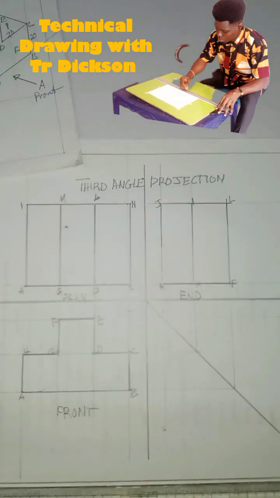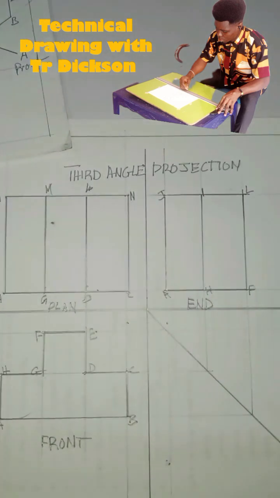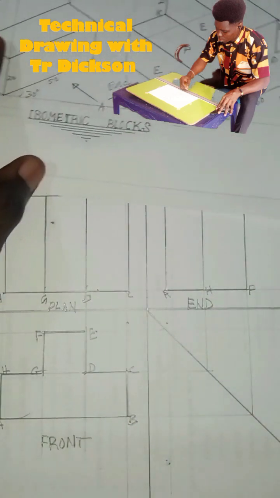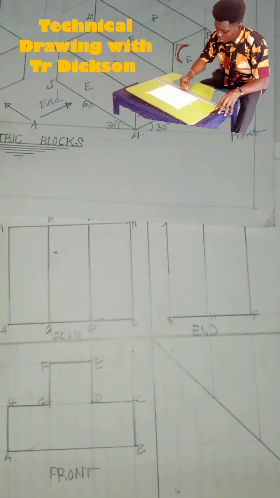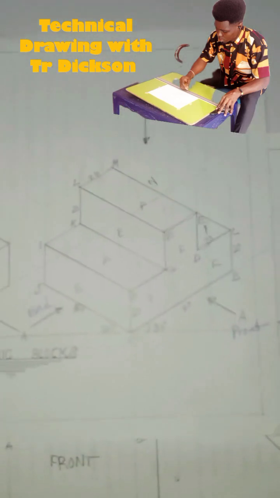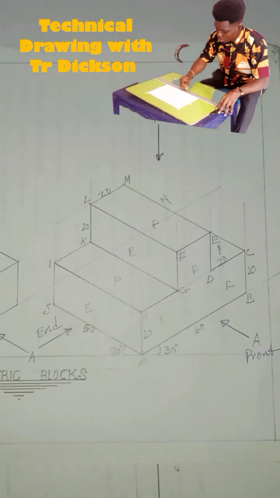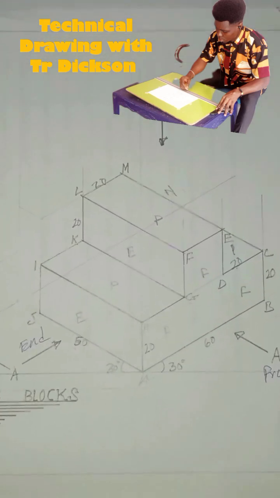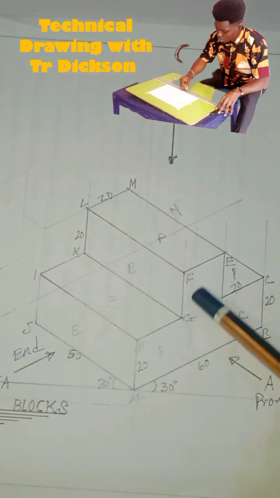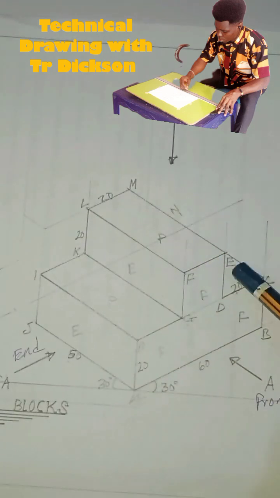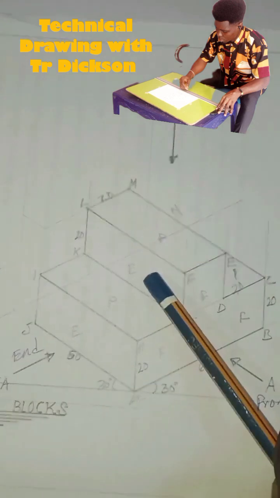All right, so looking at it, we've been able to achieve what we were asked to do, which is the production of the orthographic views of this particular object, or you call it block, isometric block, where you have the front view here, the plan here, and then the end view here.